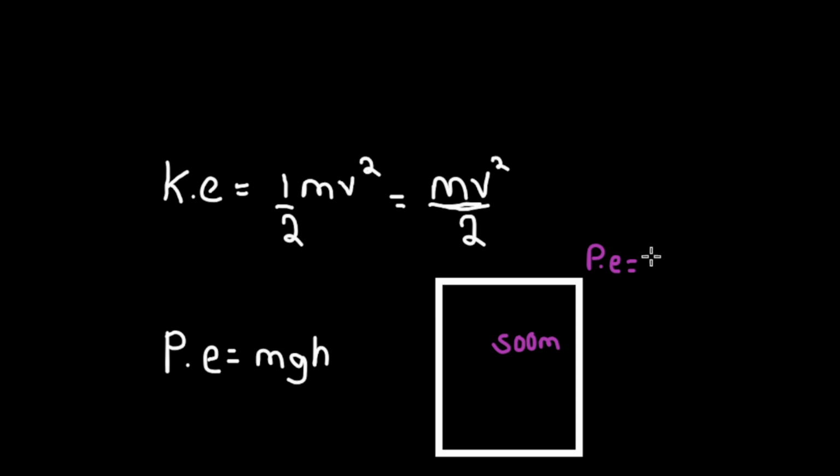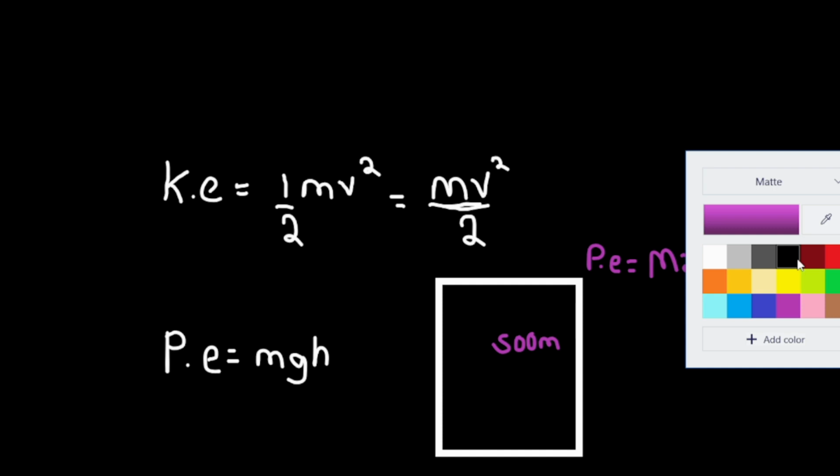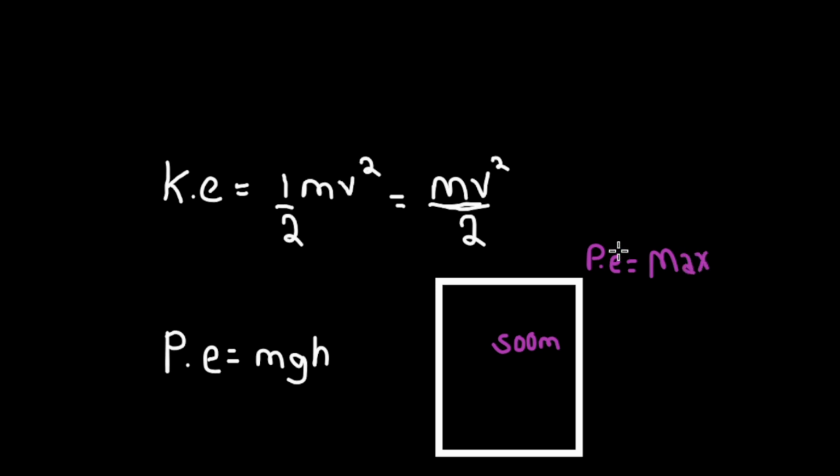And since we are at the top and we do not have anything in relation with velocity squared and mass, once we are here on top, our kinetic energy, our KE, will be at its minimum value.